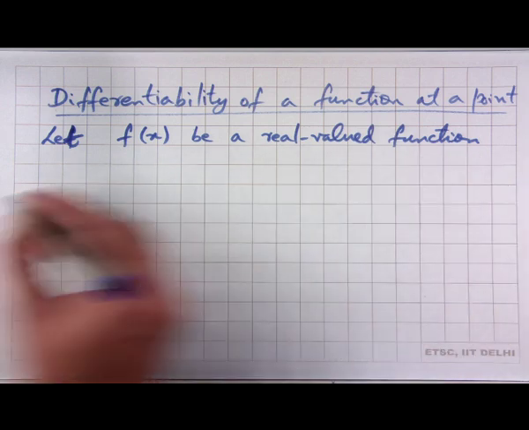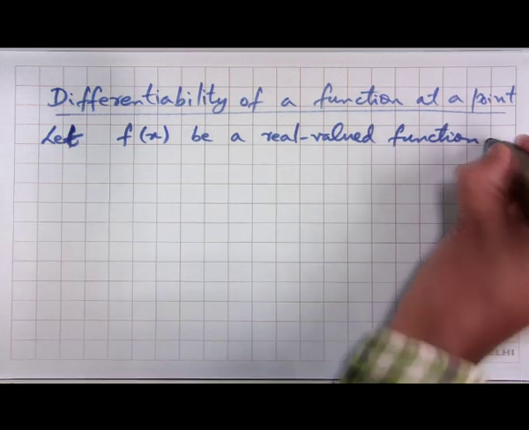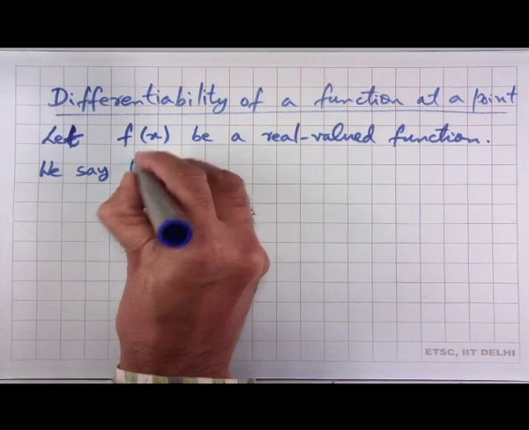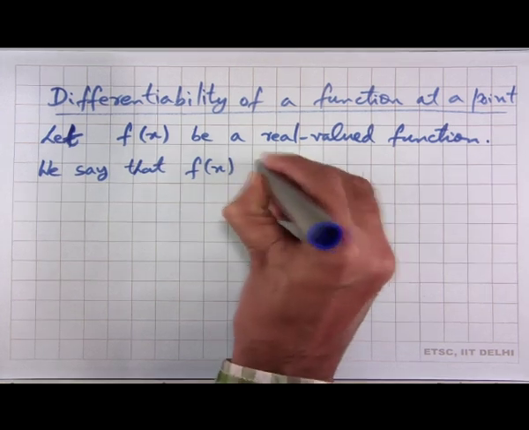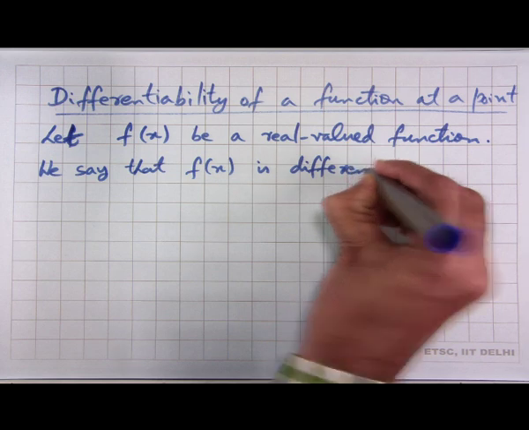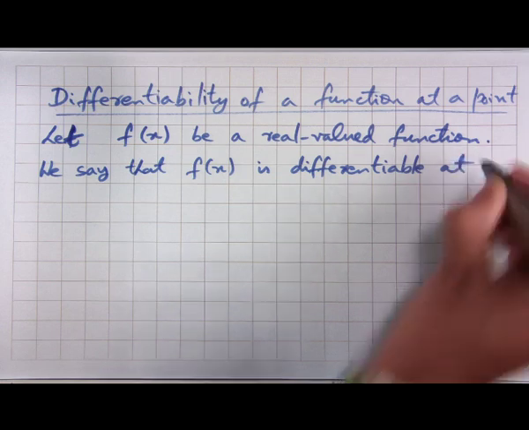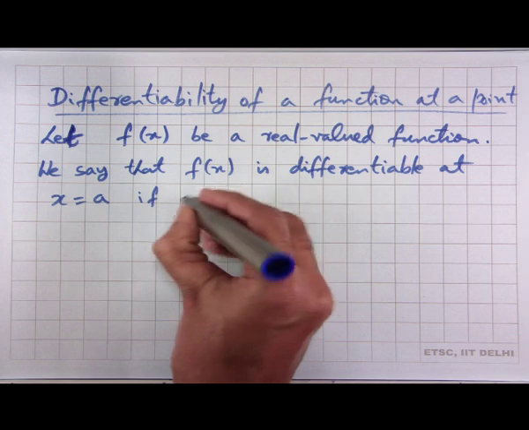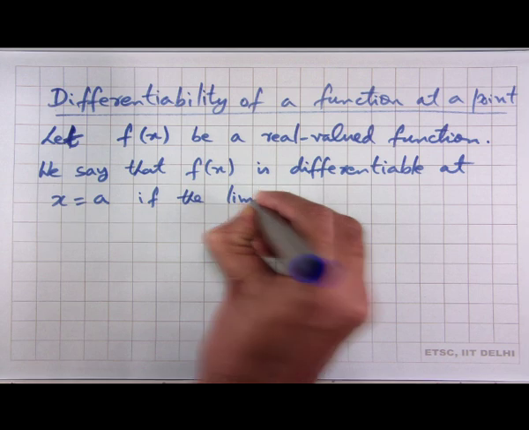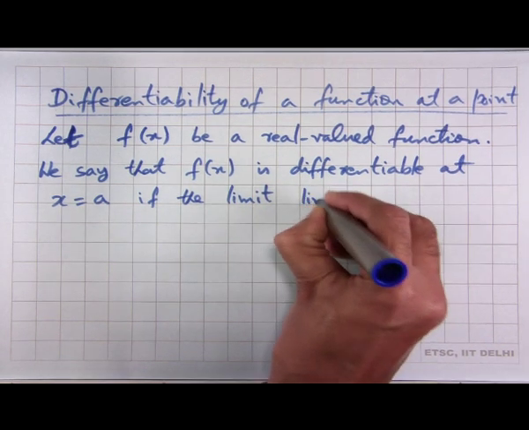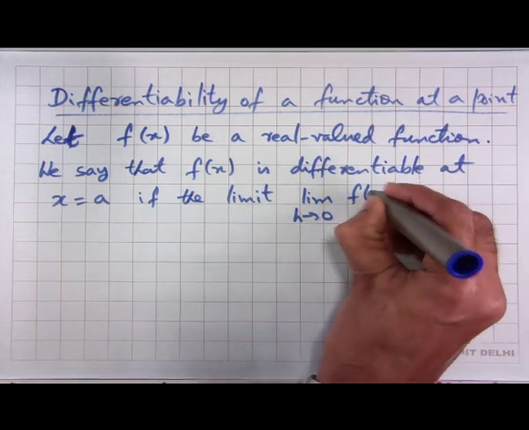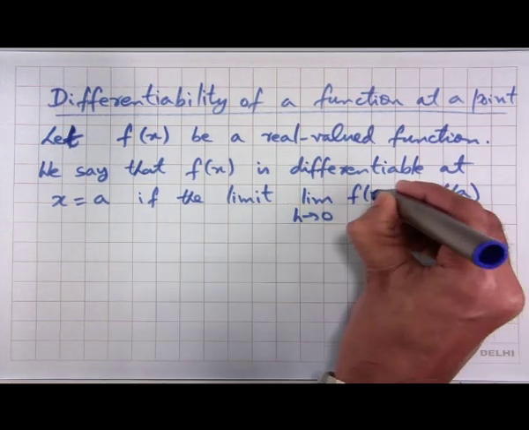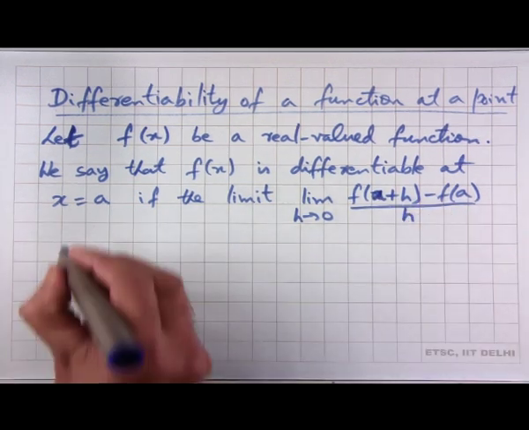Let f of x be a real valued function, and we say that f of x is differentiable at x equal to a if the limit of h going to 0 of f of a plus h minus f of a divided by h, this exists.